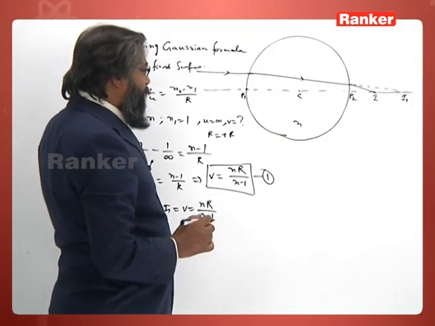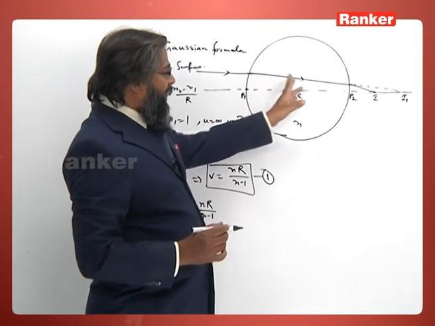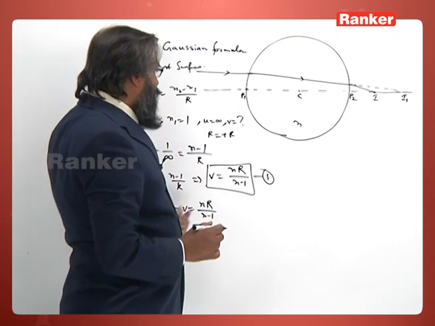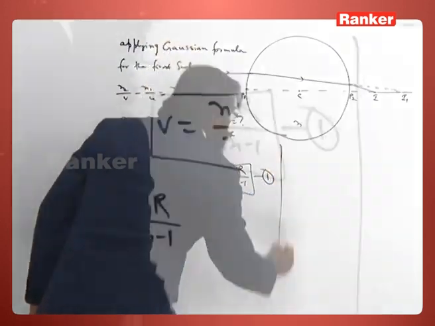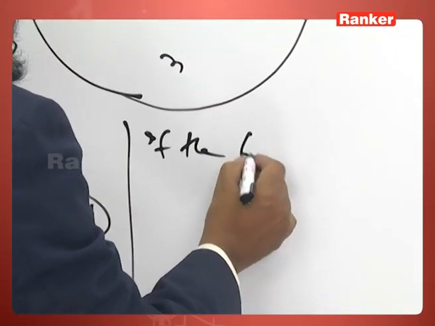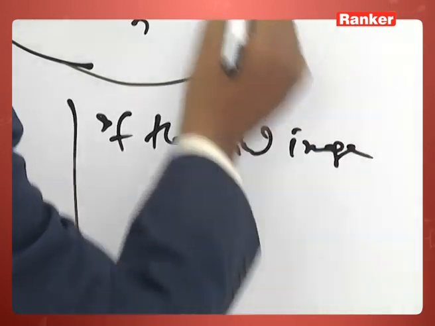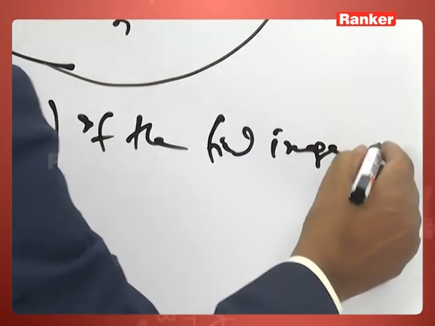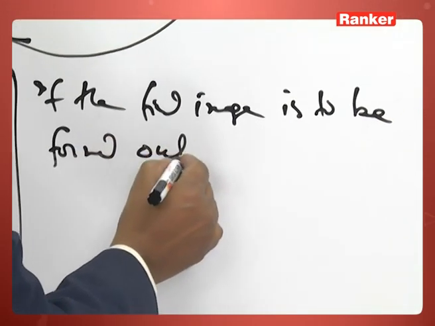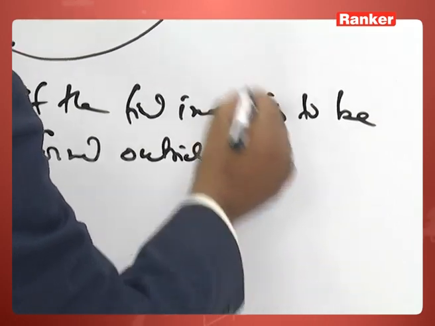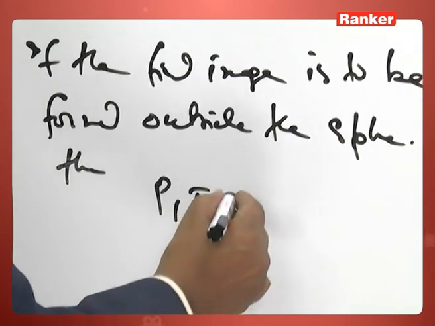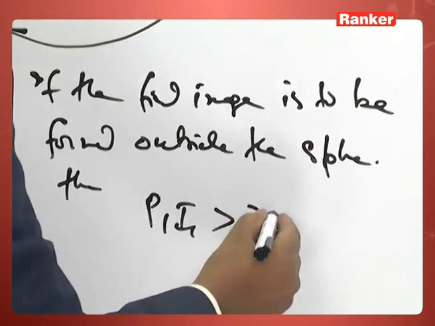Now if the final image is to be formed outside the sphere, then P1I1 should be greater than this point, 2R.